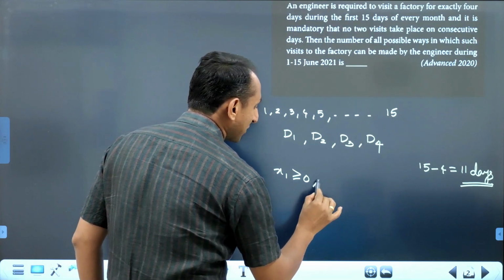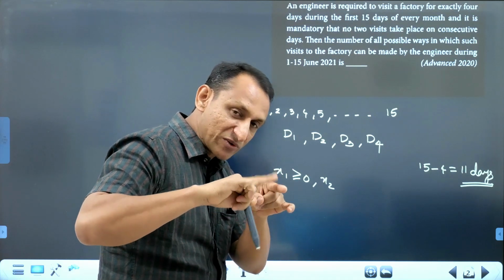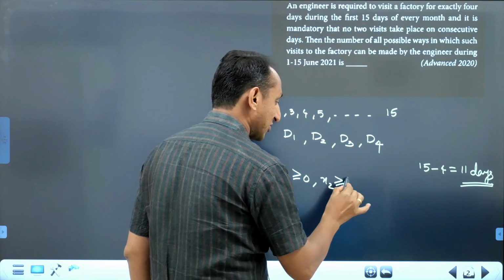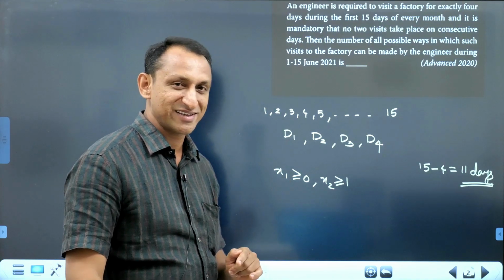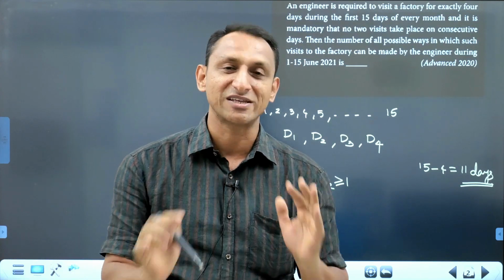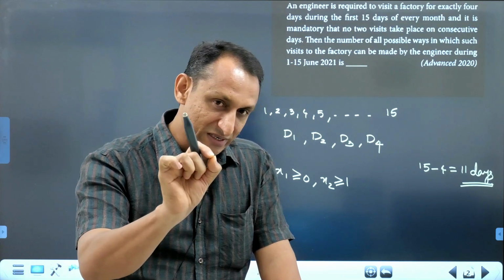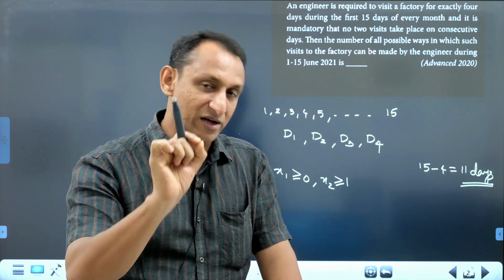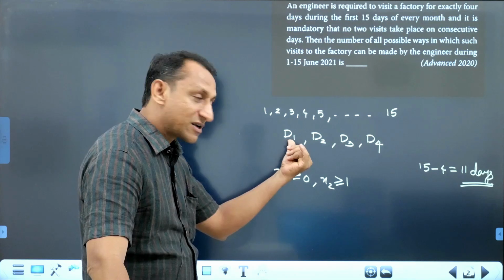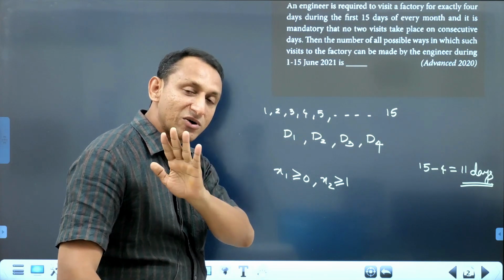x2 is the number of days between D1 and D2, that means between the first visit and the second visit, which is greater than or equal to 1. Why? No two consecutive visits are allowed. If the first visit is on June 3rd, the second visit is not on June 4th.